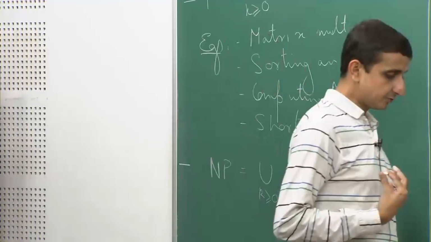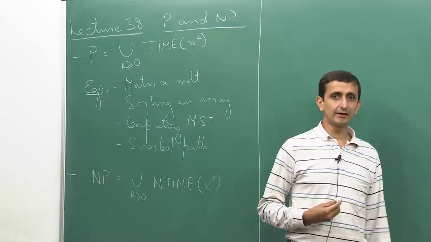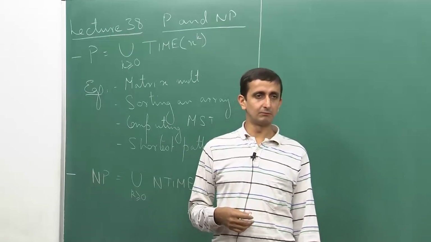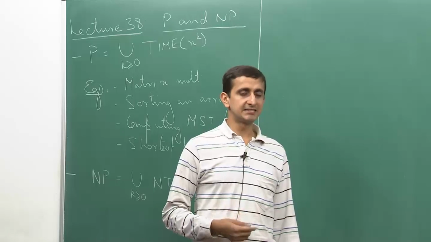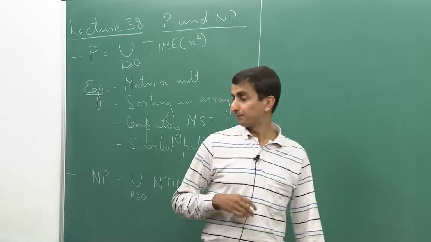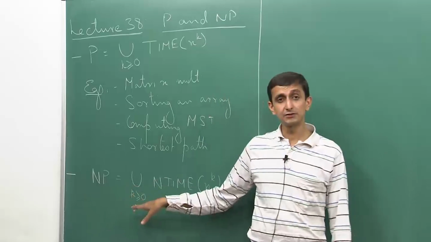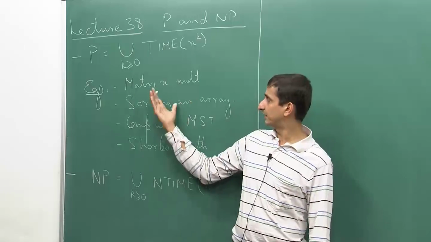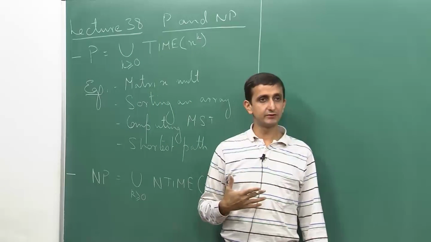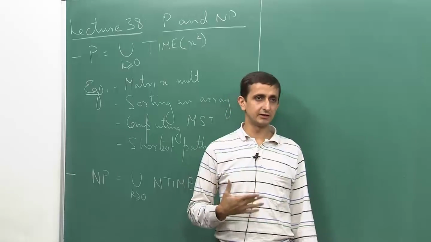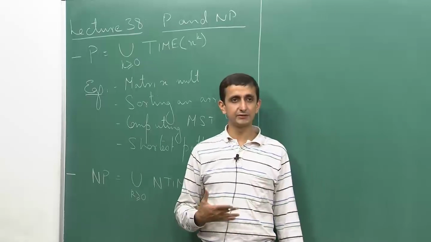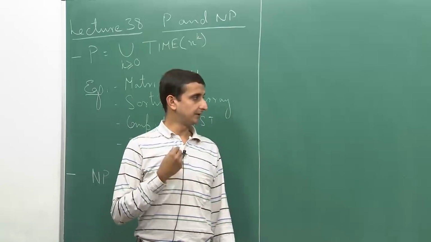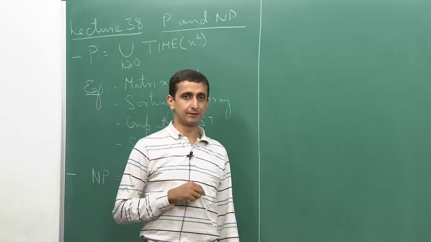So, what we will see today is, first we will look at an alternate definition of NP, okay, one that is more in tune with the statement that I made last time, that NP consists of problems whose solutions are efficiently verifiable. Okay. So, P consists of problems whose solutions are efficiently computable. So, you can compute a solution efficiently. In the case of NP, it is efficiently verifiable. So, we will give a definition in line with this fact, and then we will look at some examples.